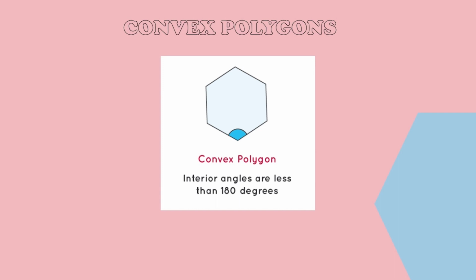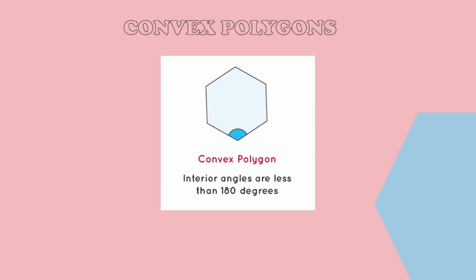To understand why the hexagon is convex, let's consider its angles. A hexagon has six interior angles, and each angle measures less than 180 degrees. The sum of the interior angles of a hexagon is 720 degrees, which means that each interior angle measures 120 degrees. It means it is less than 180 degrees.